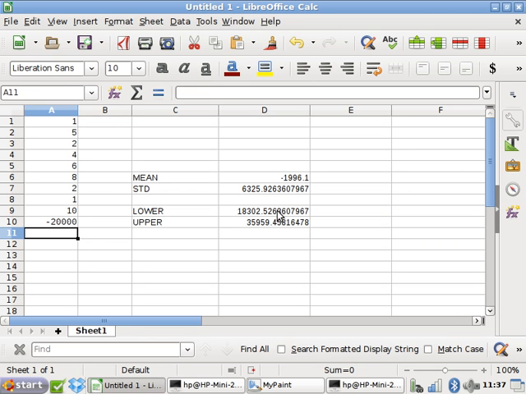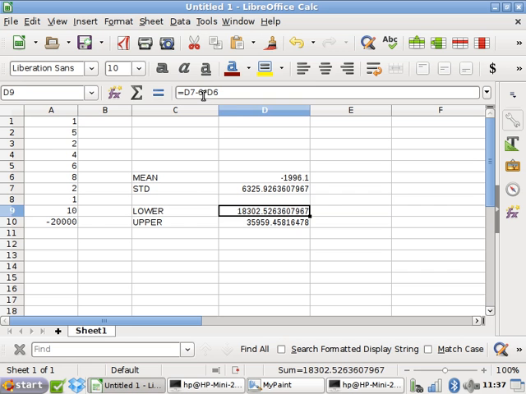So you might say, okay, not 6 standard deviations, what about 60 standard deviations? No. What's the lower one now? Still too big. Okay, what about 600 standard deviations?